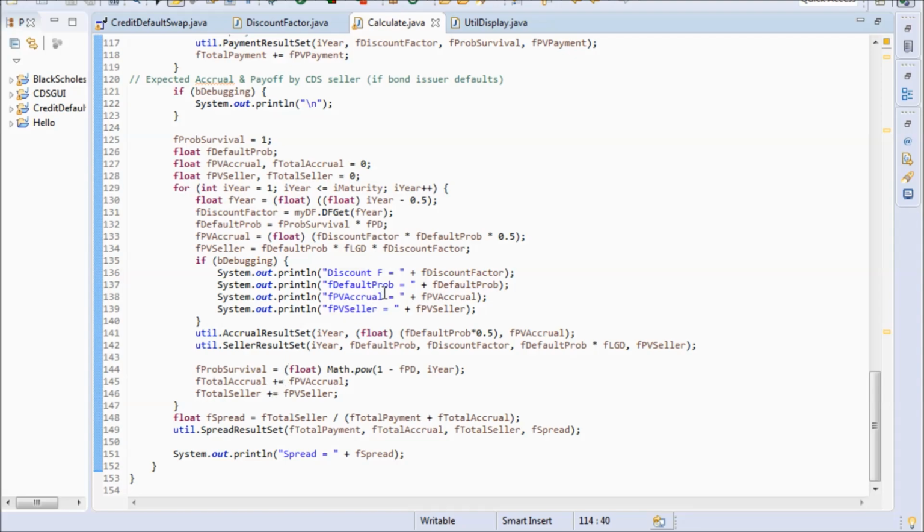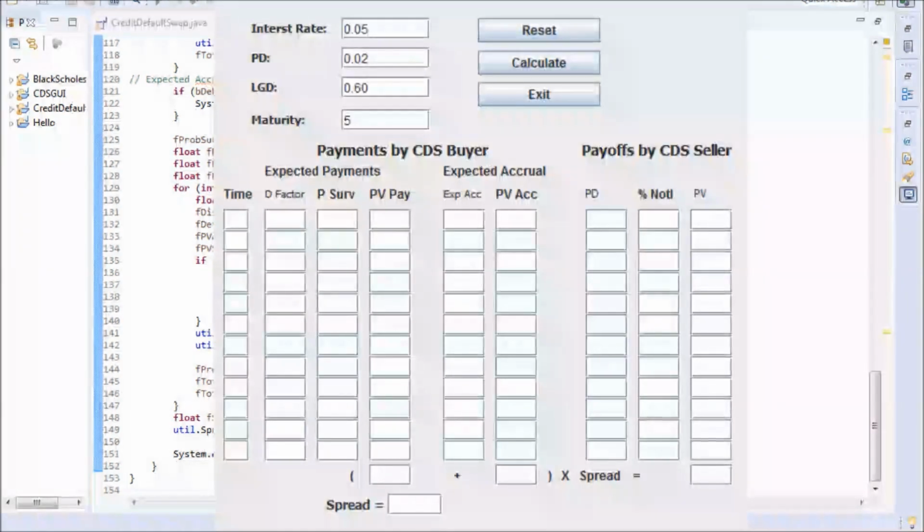It's difficult to understand by just viewing this source code. So let's go to the user interface. In this model, I assume interest rate, probability of default, and loss given default will be constant.